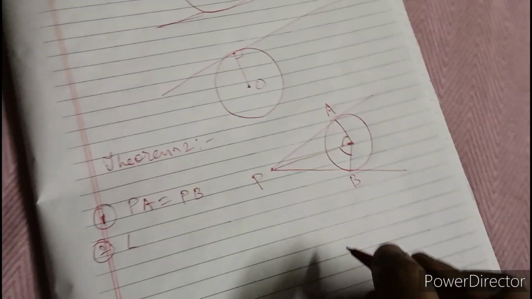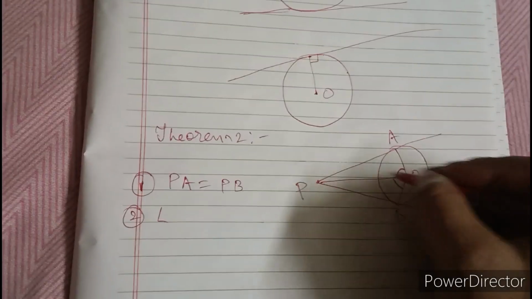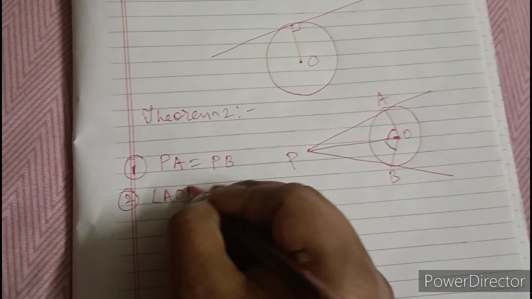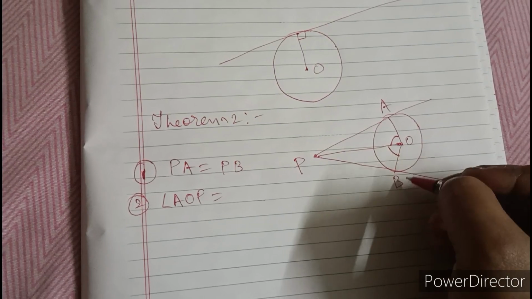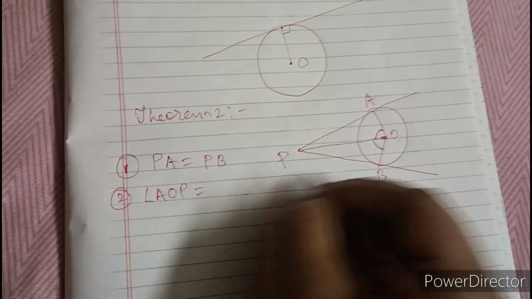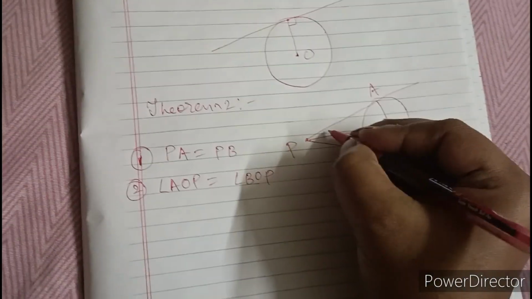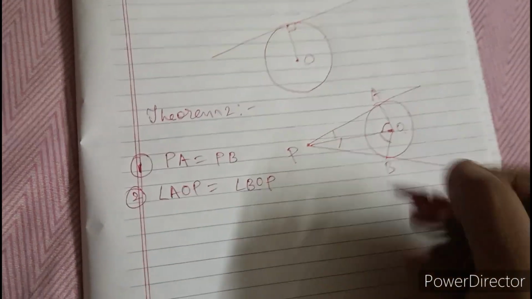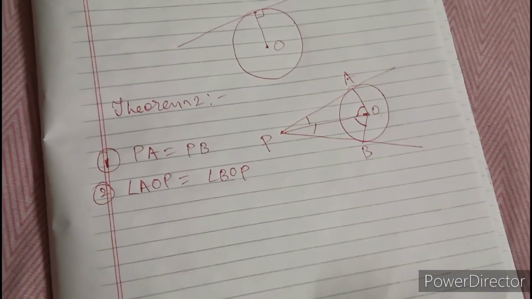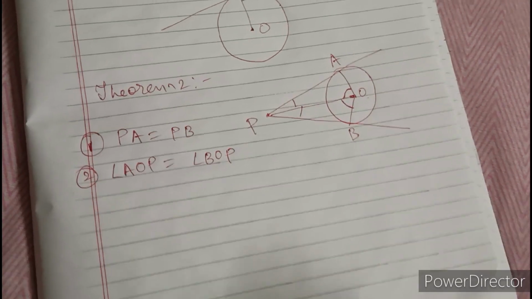So angle A, this is O, suppose AOP will be equal to BOP. These two angles will be equal, and also this pair of angles will be equal. The tangents are equally inclined to the line joining the point.